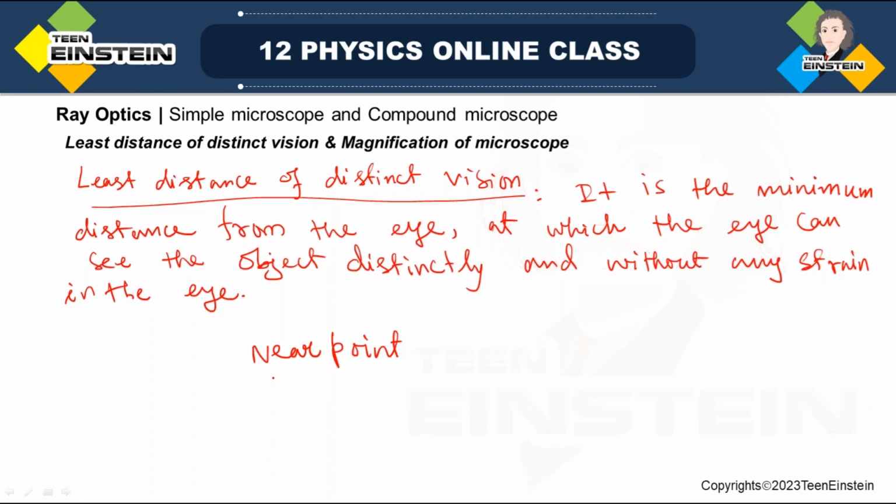Okay, so least distance or the smallest distance from the eye at which we can see an object distinctly without any strain to the eye.